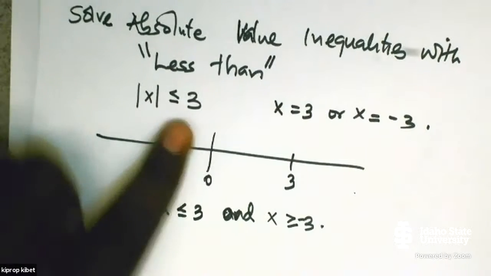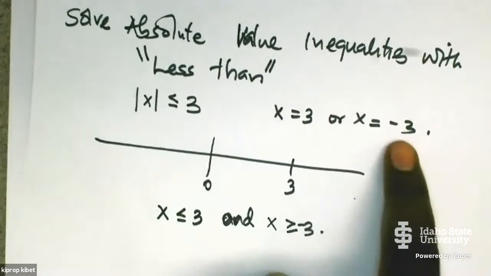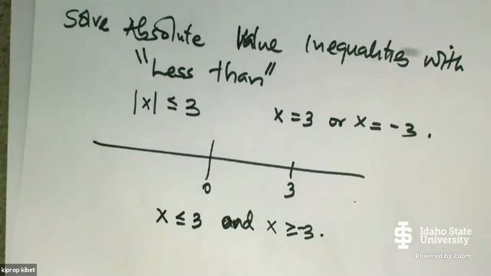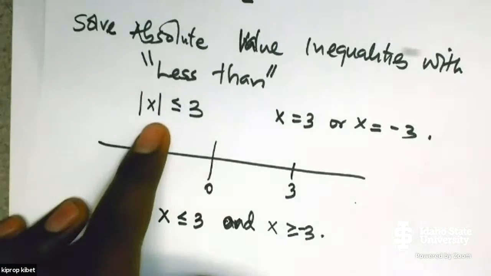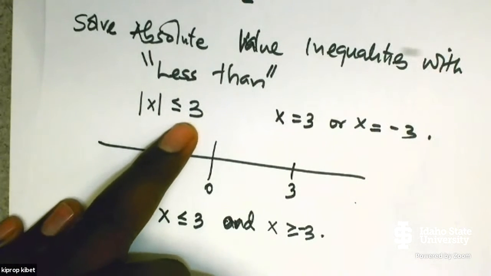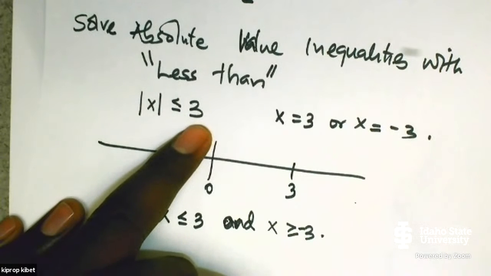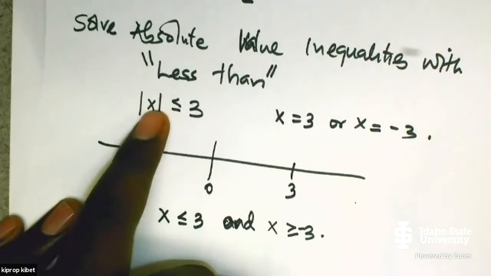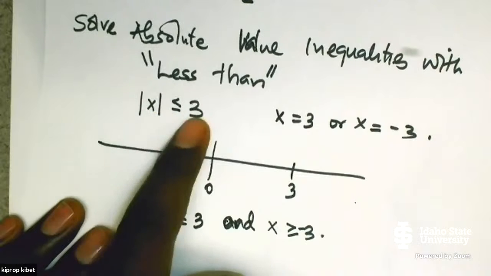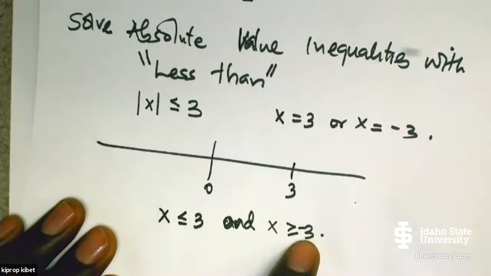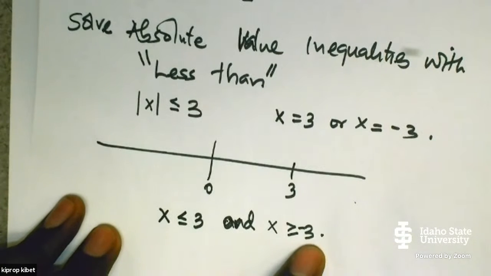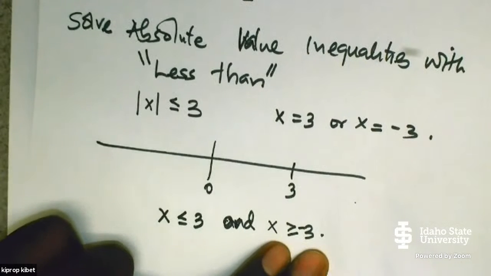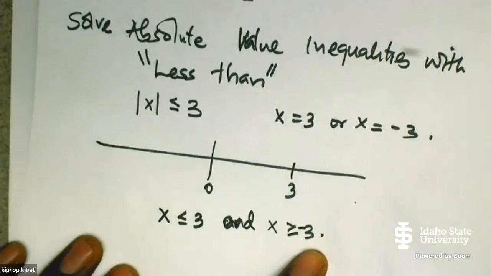And since the other one is negative, and we know that x is less or equals to 3, if we introduce this negative sign, the values of x will be greater than negative what? I don't know whether we are understanding this.